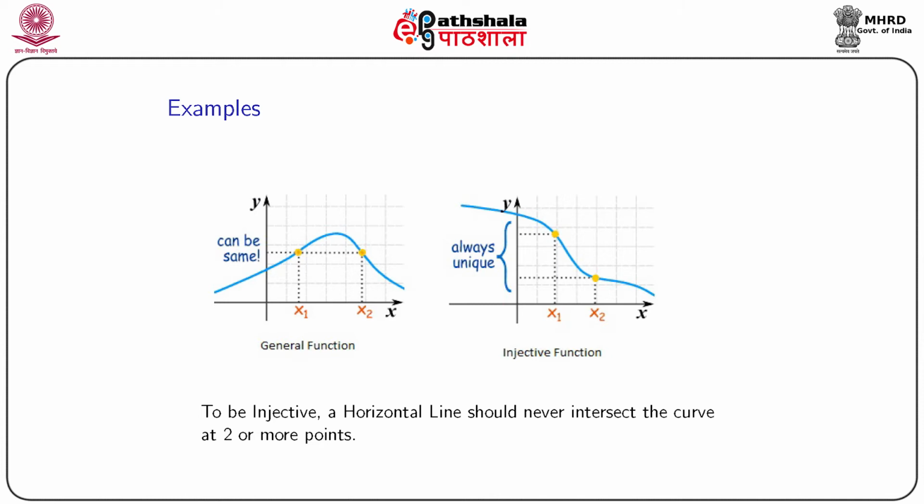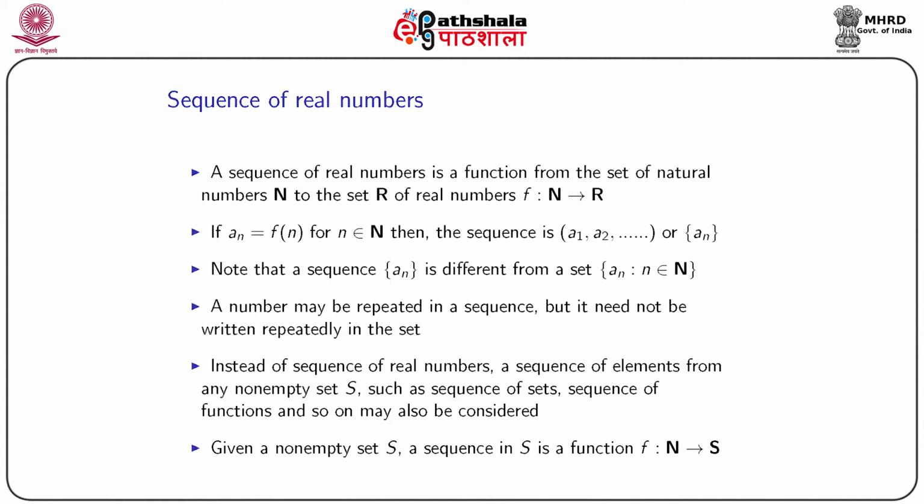These are all preliminaries of functions which you have learned beforehand also. Now we'll try to focus on another function, which is a sequence of real numbers. A sequence of real numbers is a function from the set of natural numbers capital N to the set R. This is the real line of real numbers.